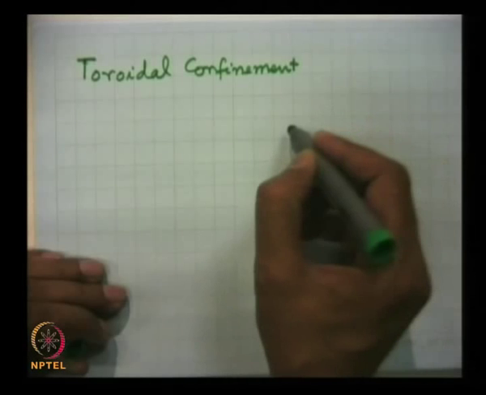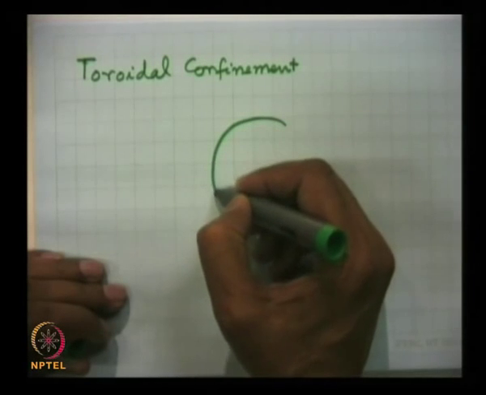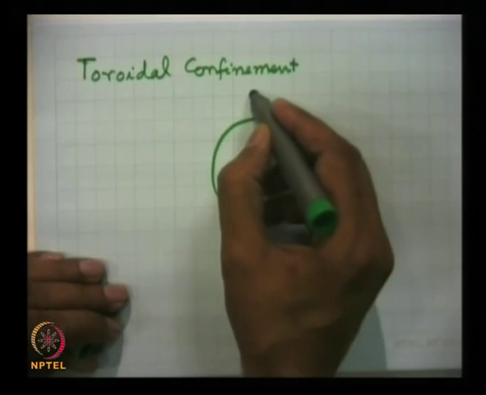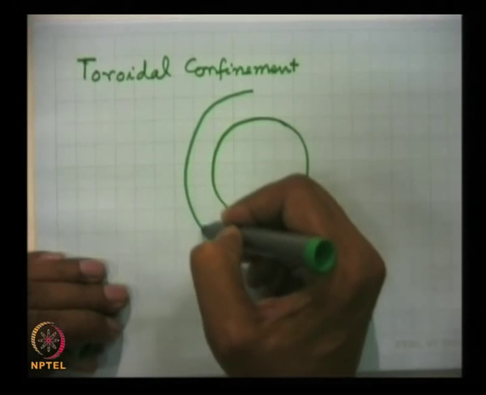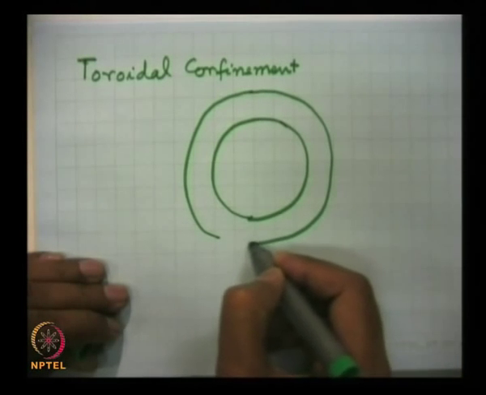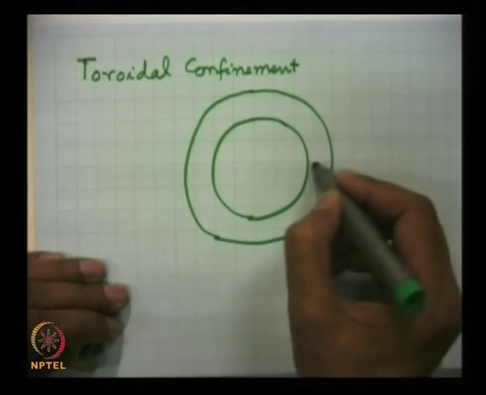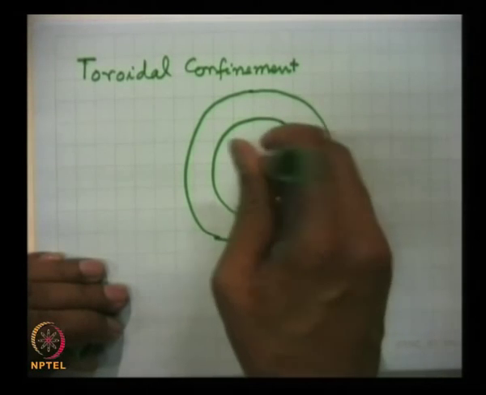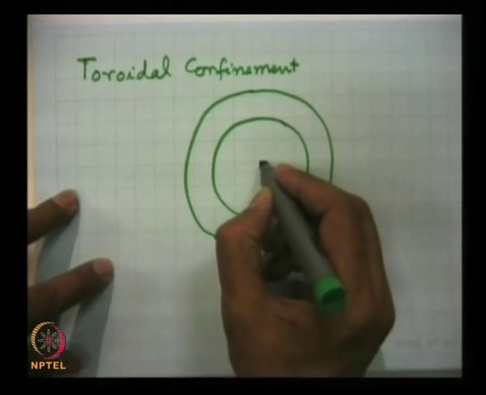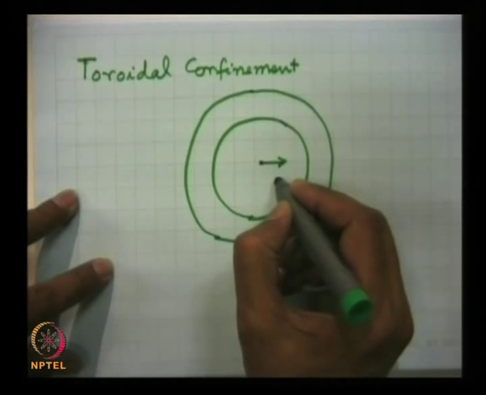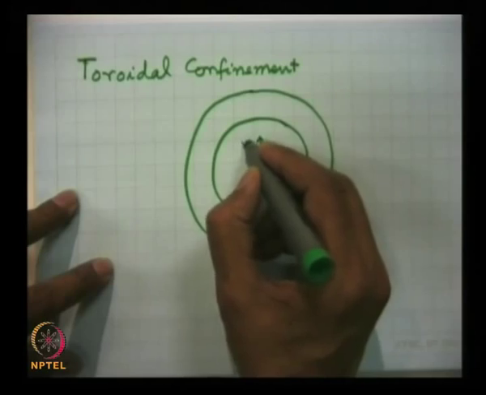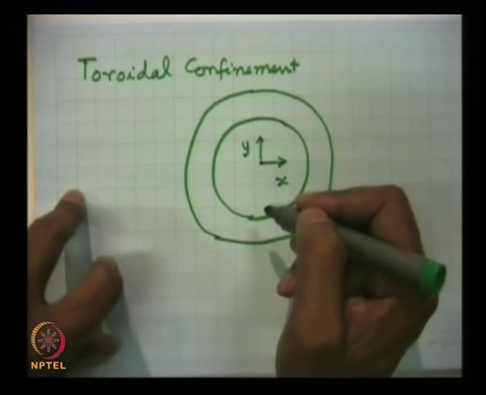So, the Tokamak, if I have a schematic of a Tokamak like this, where plasma is, this is the axis of symmetry of the system, perpendicular to the plane of the board, which I call the z axis, and let me call this my x direction, this is my y direction, and we use a right handed coordinate system.